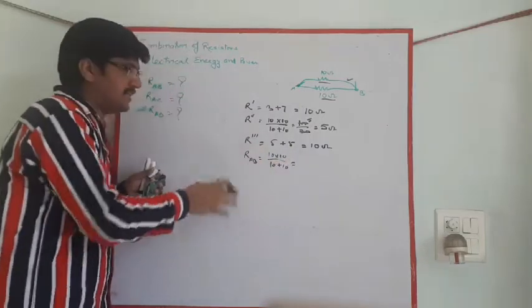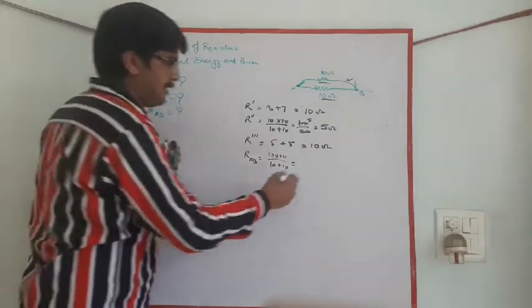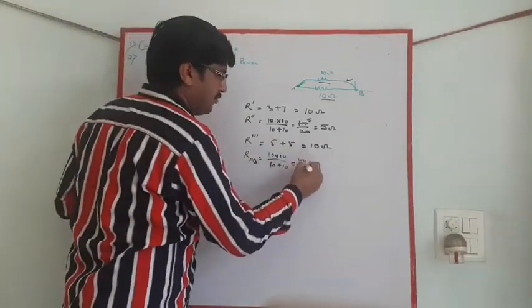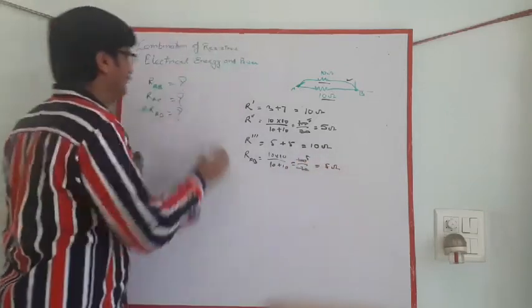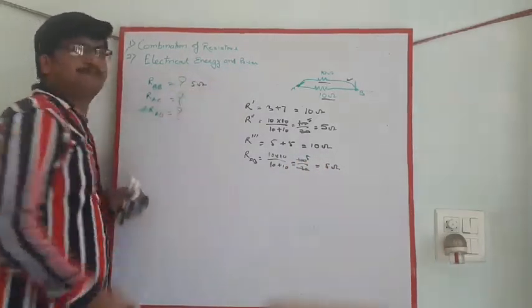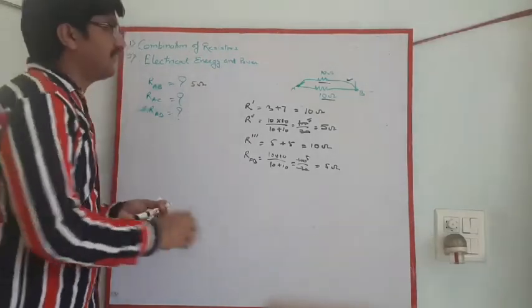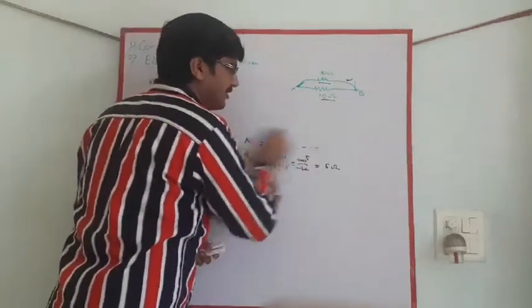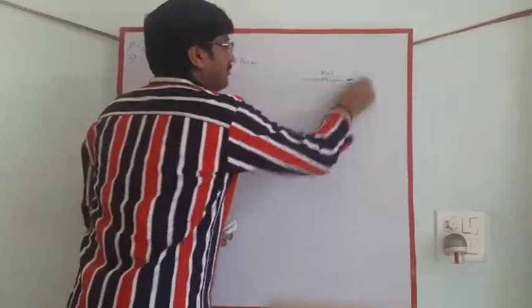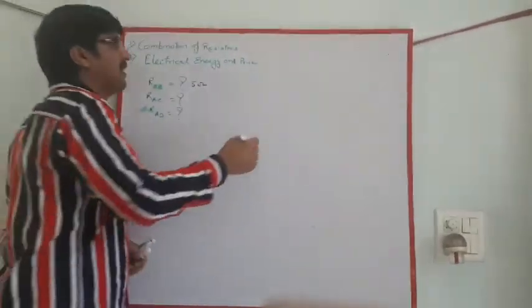Otherwise I would have to do 1 by R equivalent is equal to 1 by 10 plus 1 by 10, and it would still come out the same. It's 100 upon 20, which is 5 ohm. This was the way to find the equivalent resistance between terminals A and B. The second is between A and C. So let's draw the diagram again.